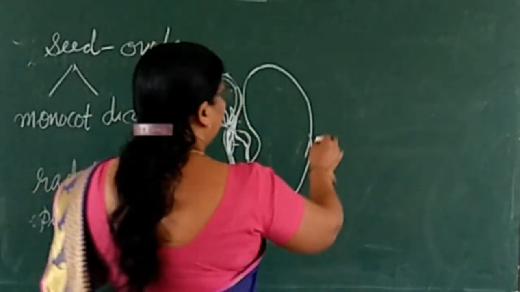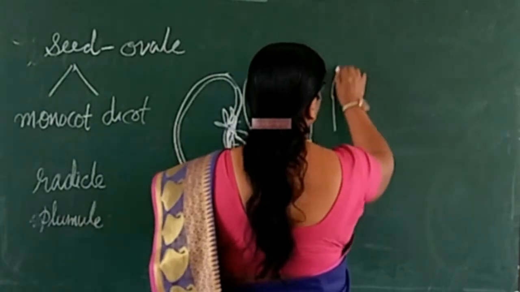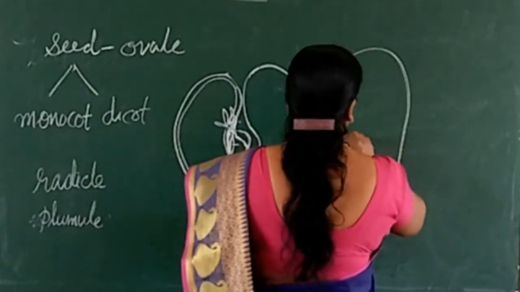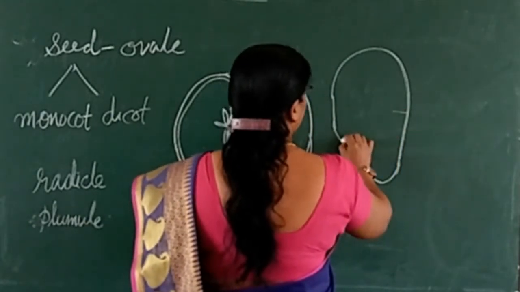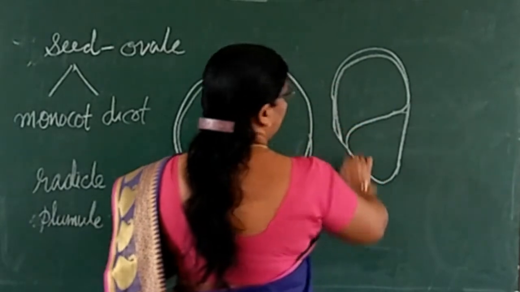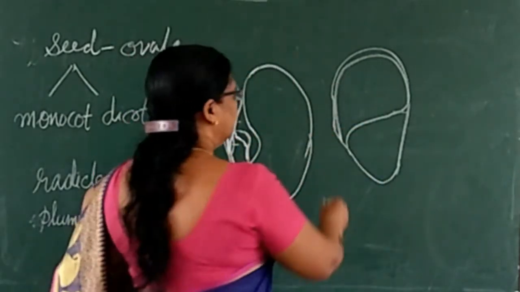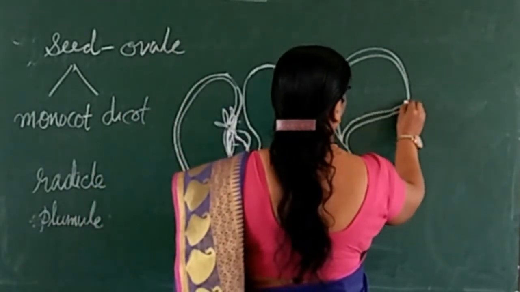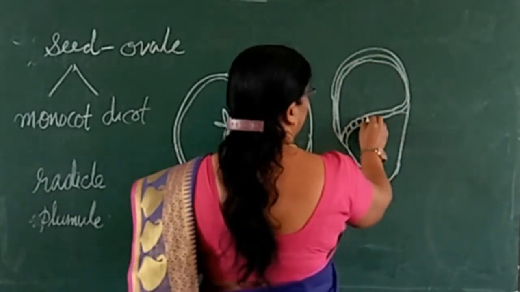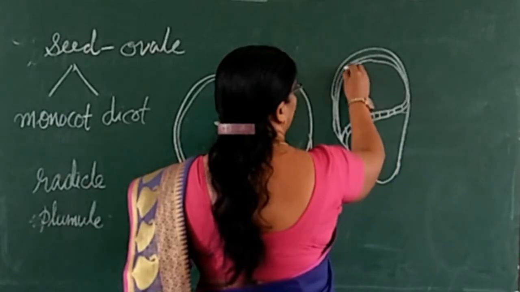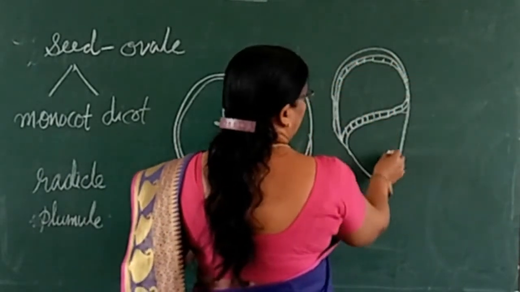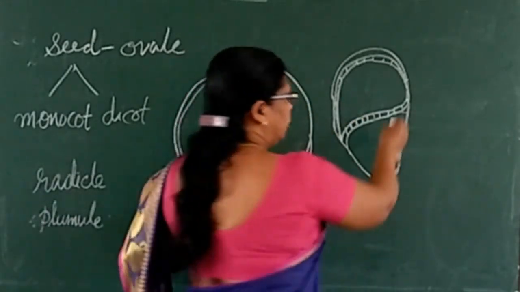See, if you are drawing, it will be like this, and this region is the large endosperm. And this is the endosperm.